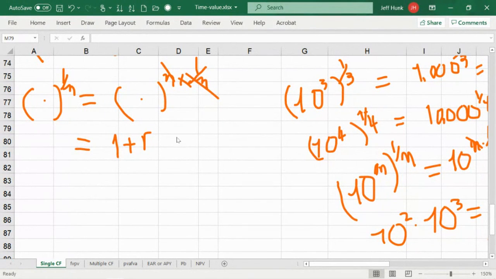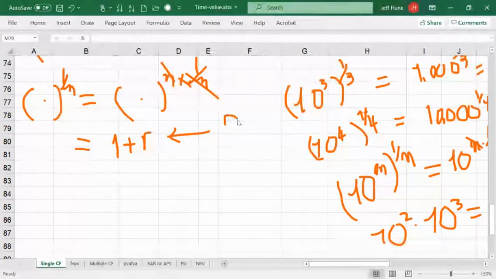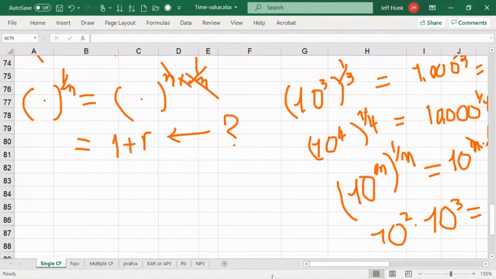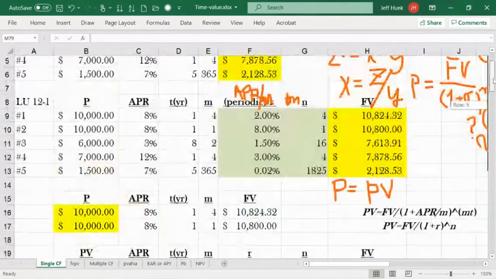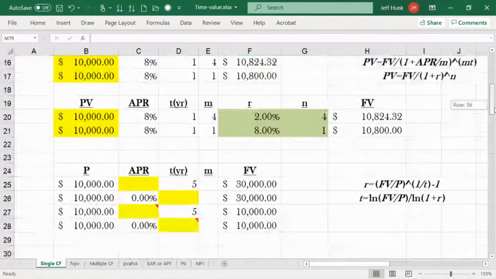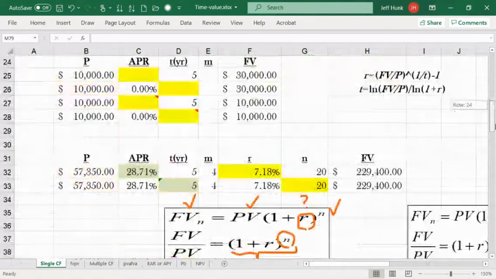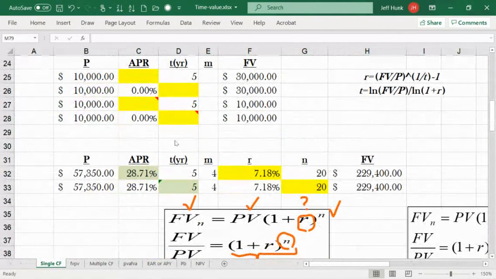And what is our unknown? What are we trying to find? R, the rate, is our unknown. Remember, the question was: you have just $10,000 now, and you want to put it in the bank and grow it to 30,000 in 5 years. So the question is, what should be the interest rate?